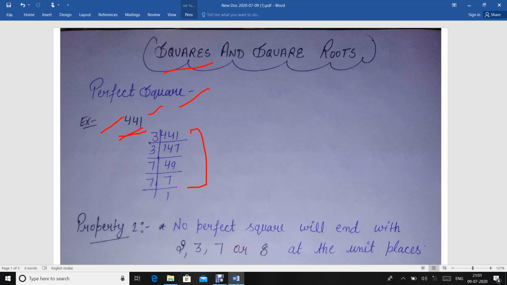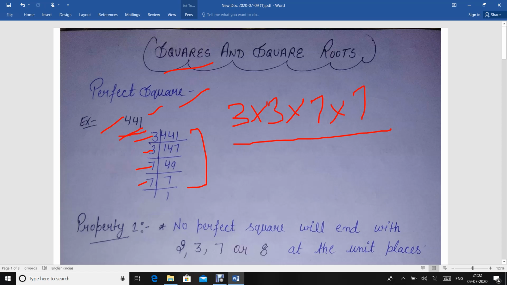The next step is to group the prime factors in such a way that in each pair both the factors are the same. Here 3 and 3 are a pair, 7 and 7 are a pair. So it is 3 into 3 into 7 into 7.